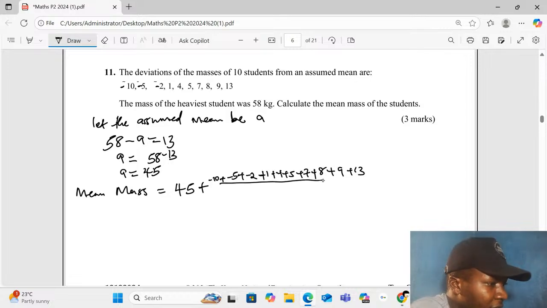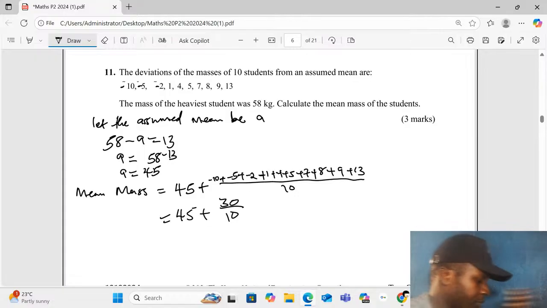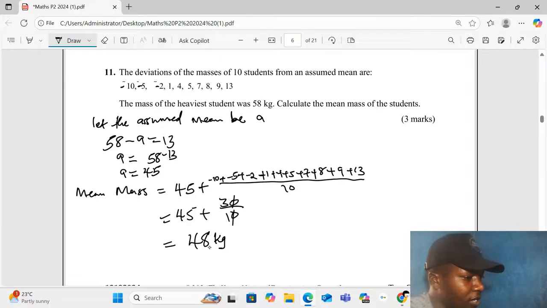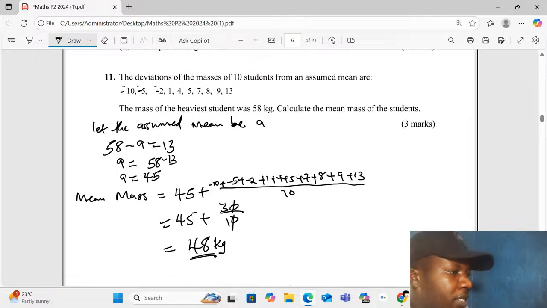Then you divide by 10. When you add them, you get 30, divided by 10, which is 3. So you have 45 plus 3, and you get your mean mass as 48 kilograms.